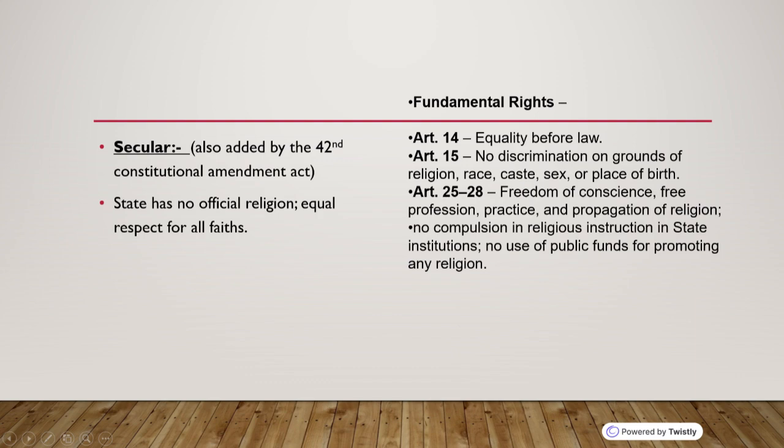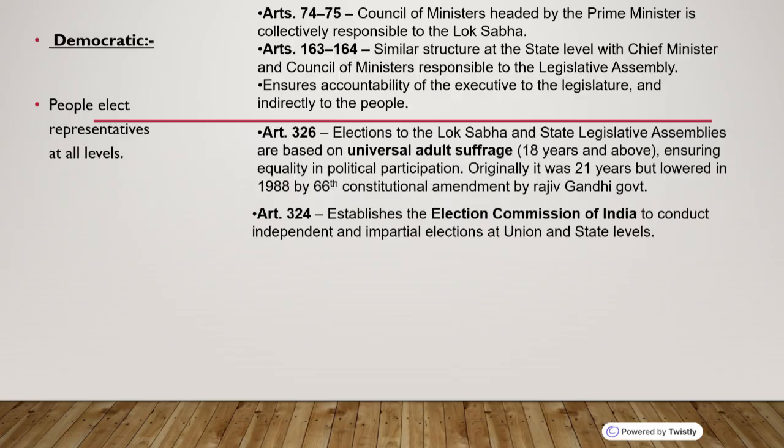Articles 25 to 28 give you the right to freedom of conscience, and to profess, practice and propagate the religion you want. There is no restriction on the practice of your religion or faith. This is what secular means.